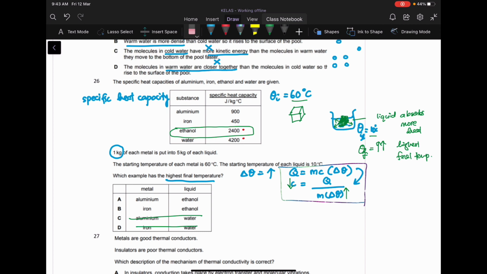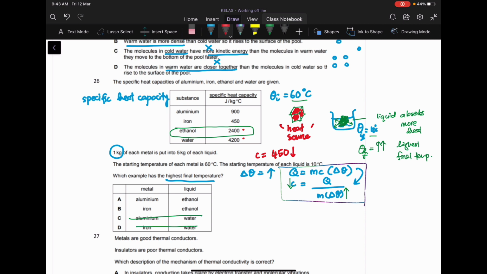Just now I told you, if the specific heat capacity is less, it will have higher temperature. But remember, this metal, the solid, the substance, provides heat. So this is the heat source. So if it has lower specific heat capacity, let's say the specific heat capacity is 450, which is low.